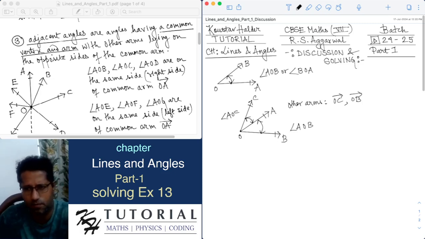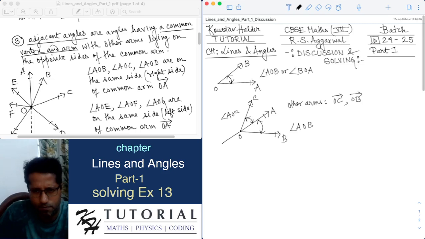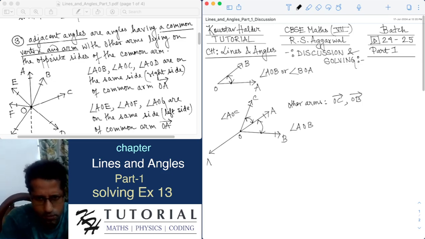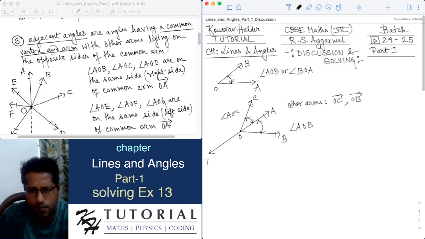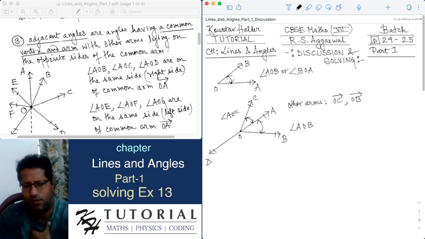Now what does it mean? It means, if you extend the ray OA on the opposite side, like if you create a line, let's say I create a line, I hope it is looking like a line. Let's say AD, and this is D. So AD is the line I created from the ray OA.